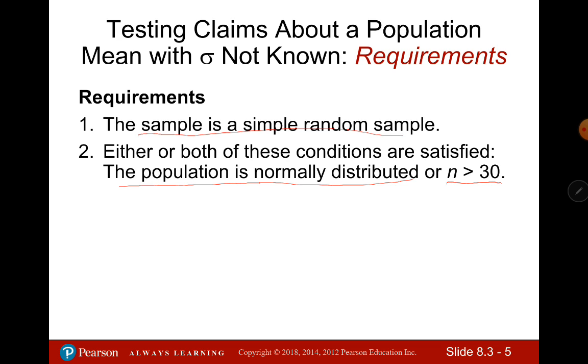But if we do not know anything about the original population, or we know it's not normally distributed, but the sample size is greater than 30, then we can still do the testing. You should be very familiar with these 2 requirements, n greater than 30 or normally distributed. It's just the same requirement as when we talked about the central limit theorem.